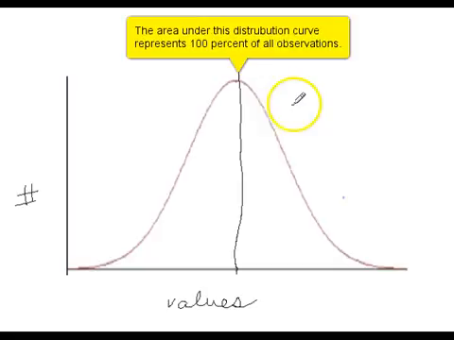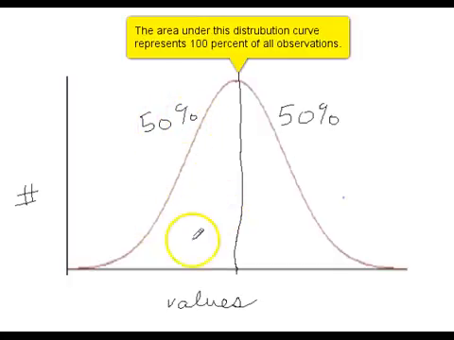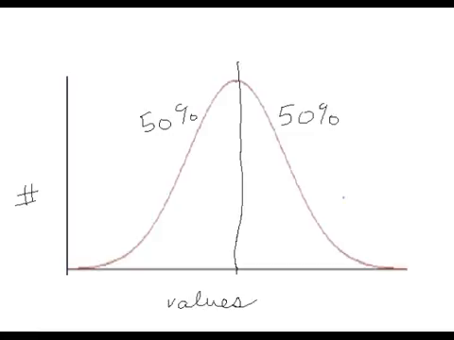And that means that we should have about 50% of all of our observations to the right of that mean, and we should have about 50% of all of our observations to the left of that mean. This represents that rule of symmetry, that your bell curve has to be symmetrically shaped.